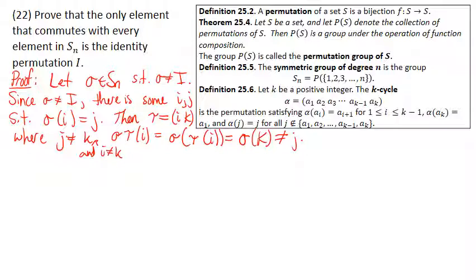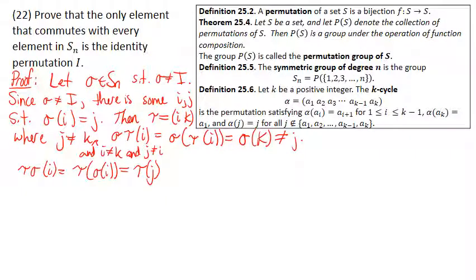Now let me do this in the other order. So tau of sigma of i. Remember that sigma of i is supposed to be j, and tau only transposes i and k, so it doesn't move j at all. j is not one of those two elements. Maybe I should have said that as well, so let me add a little note here: j is also not equal to i.